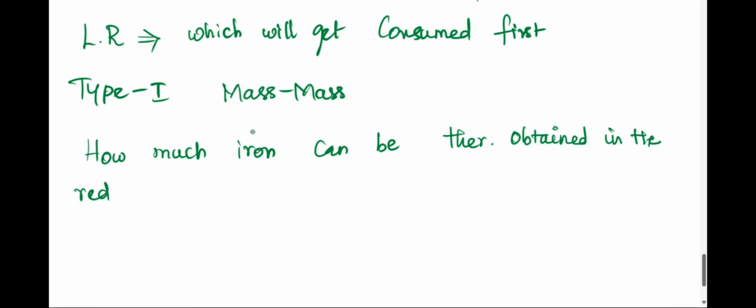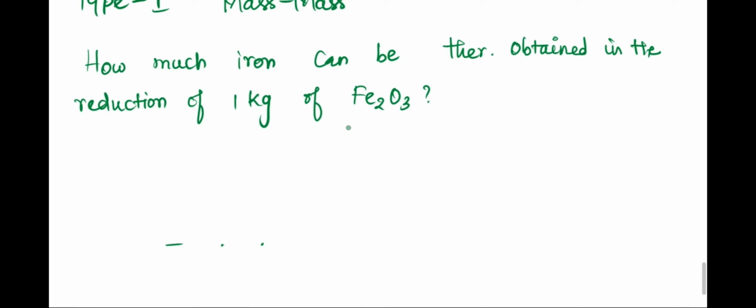This type of question may give you the concept of formation of the product. Okay, so make sure that you remember the reaction of simple concepts. For example, here we are talking about 1 kilogram of ferric oxide. The reduction of ferric oxide we are talking about.